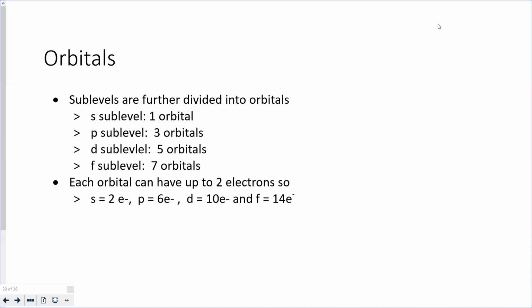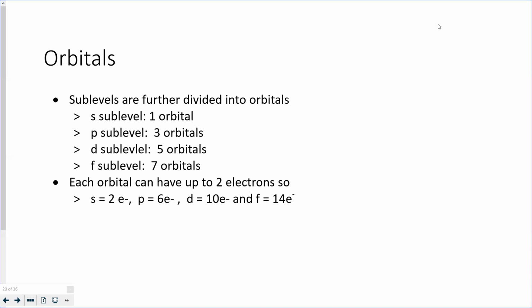And each orbital can have up to 2 electrons. So these are the maximum number of electrons that can be in any given sublevel. So an S sublevel can only hold up to 2 electrons. A P sublevel can only hold up to 6 electrons total. A D sublevel can hold up to 10 electrons total. And an F sublevel can hold up to 14 electrons total.